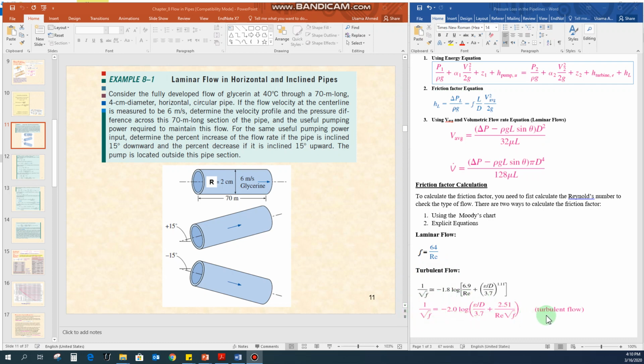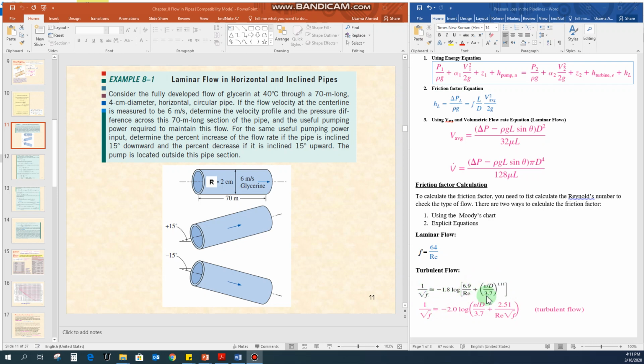Okay, now for the turbulent flow, we have to also calculate another factor, epsilon divided by d, which is the relative roughness factor. I will explain this one later, but for now what we can see is that if we are dealing with the turbulent flow, then we can use this equation to get the value for the friction factor. Also for the turbulent flow we can use this Haaland equation to calculate the value for the friction factor.